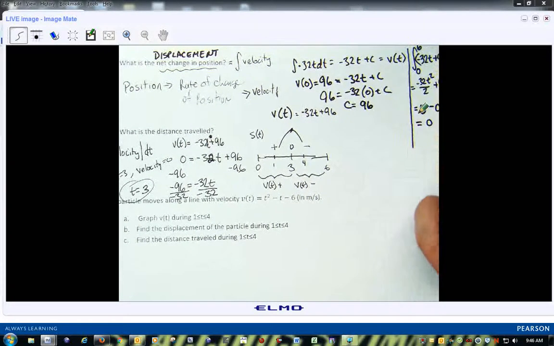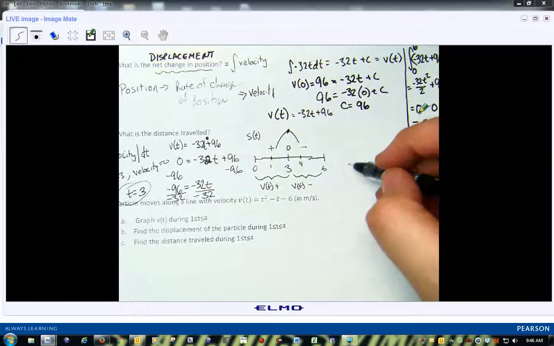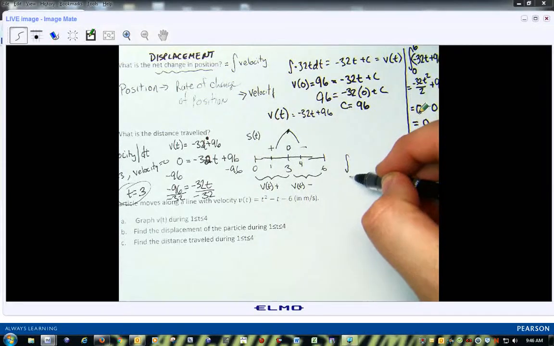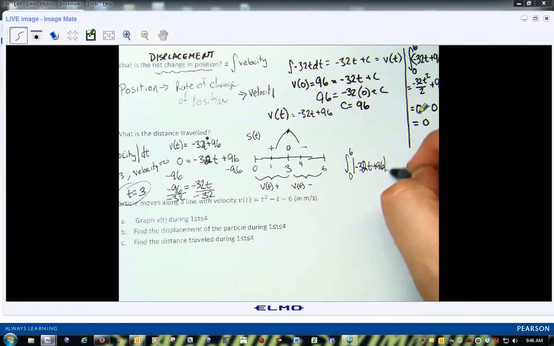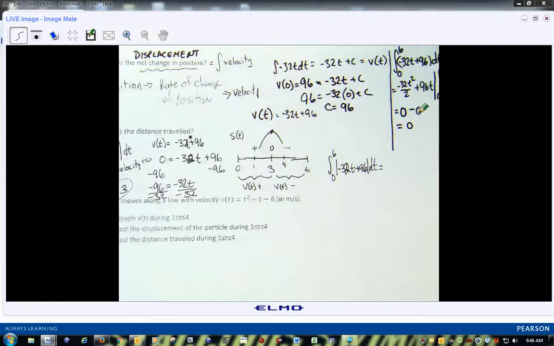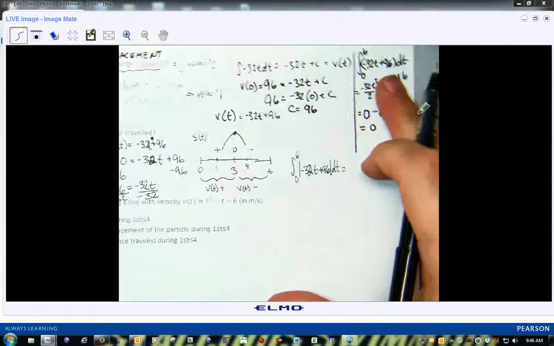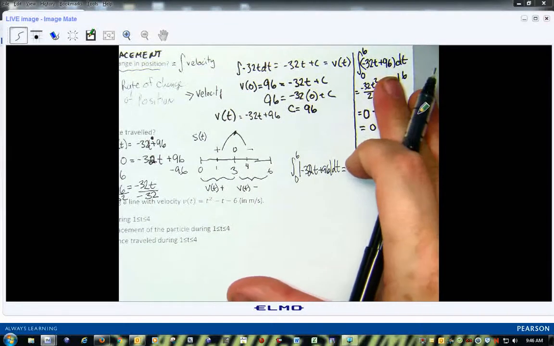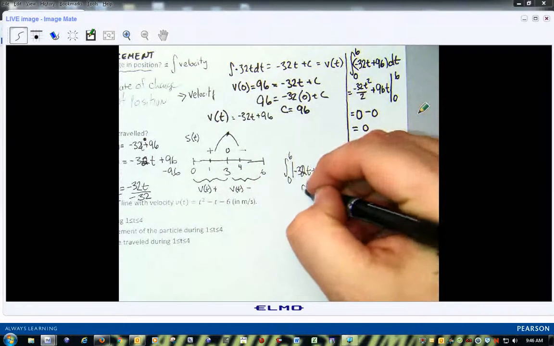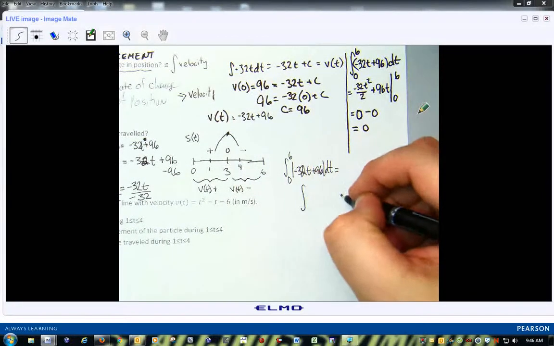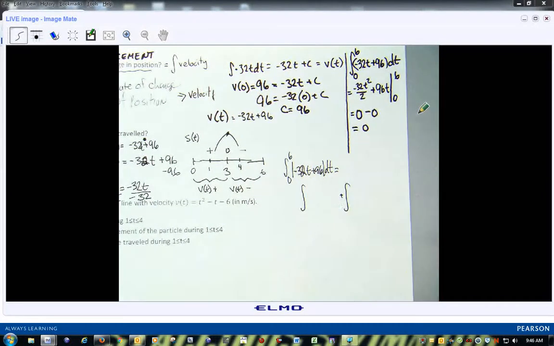I'm going from 0 to 6, and I want the absolute value of negative 32t plus 96 dt. Now what I'm going to do, based on this idea where I find out where the velocity is positive and negative, is break this up into two integrals. I'm going to say from 0 to 3, and then from 3 to 6.